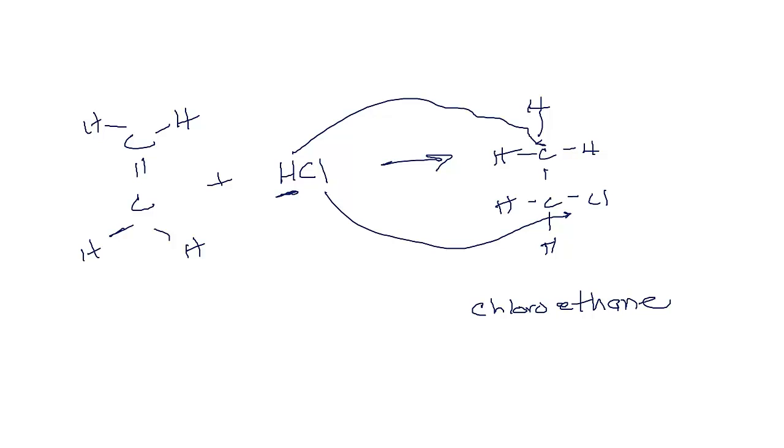And we can do the same thing. Let's do something a little different. Let's say I have butene again. So we'll do CH3, CH2, CH double bonded to CH2. We're going to add to it, let's just add hydrobromic acid. All right, so what do we get for a product here?